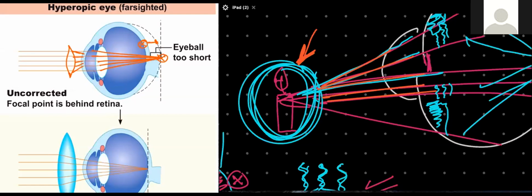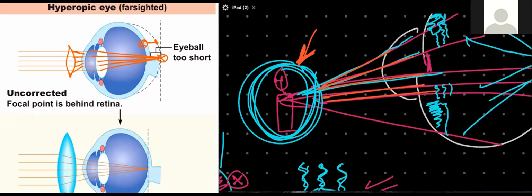So would this person see a close object or a far object better? What do you think? Looking here, this person has a problem with what?